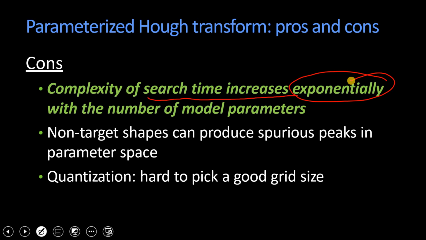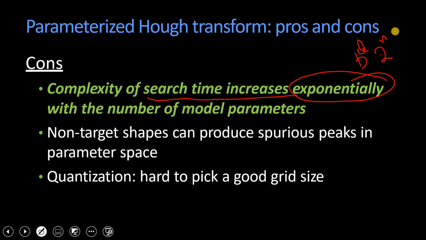Remember, exponential means something like we saw previously, for example b power d or 2 power n. These are exponential, and this is a very high cost. So it will increase when the number of model elements increases.